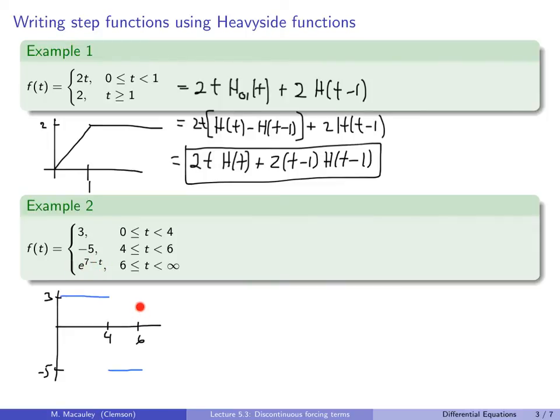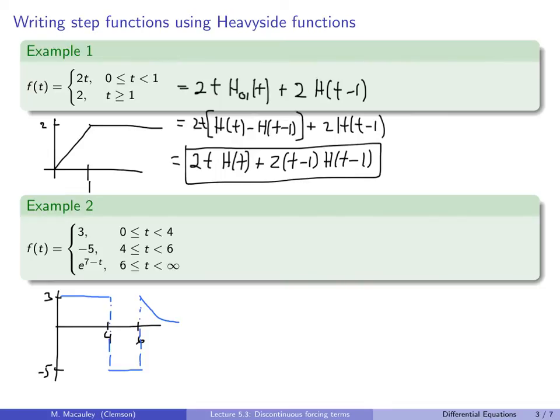I'm not quite sure how high it is, but it's going to be something like this. Actually, I think it should start at e to the 2.71, so slightly below 3. And it looks like this. And if you want to, you can put in the vertical lines or just dashes.